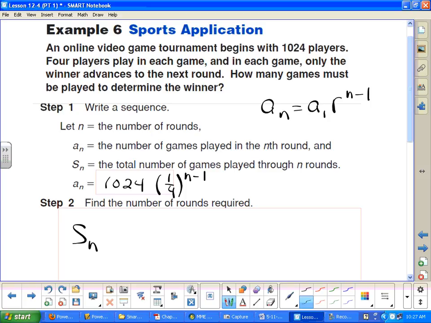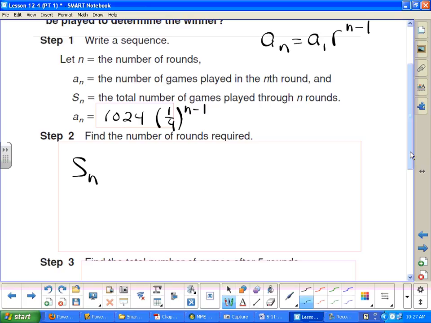Okay. Well, how many individuals are involved in each game? 4. Okay. So what's 1,024 divided by 4? 256. So in round 1, there were 256 games. All right.